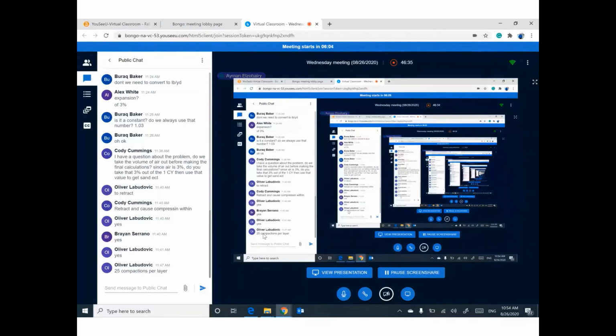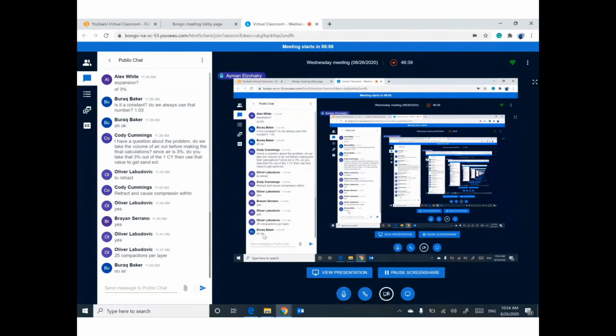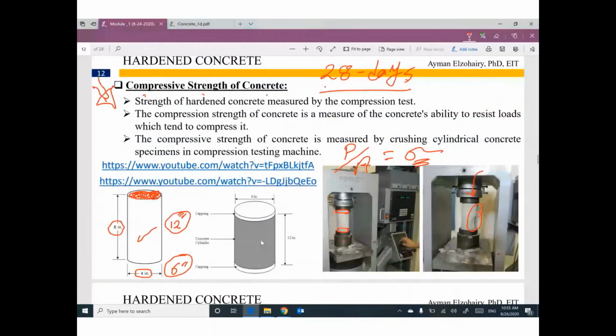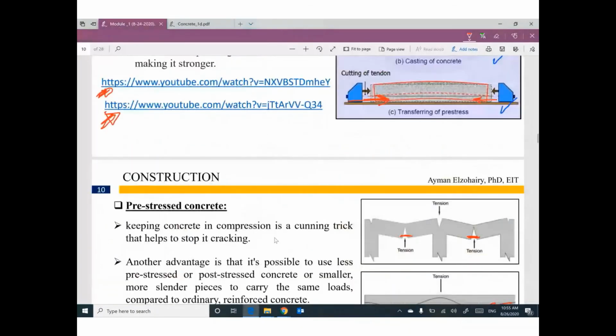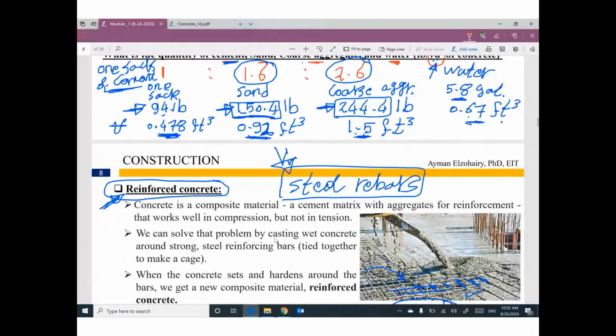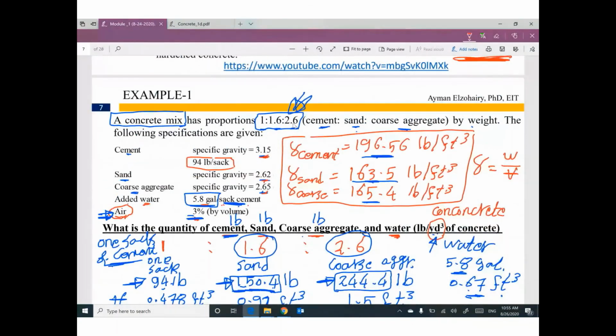Please, at home, watch these videos to understand correctly what's going on with the slump test, and also pay attention to the problem I solved today. This problem is a real problem. You have a concrete mix with these ratios, and you need to figure out how much cement, sand, coarse aggregate, or water can be added to finally get 1 cubic yard of concrete.